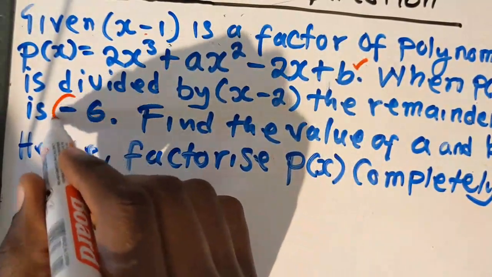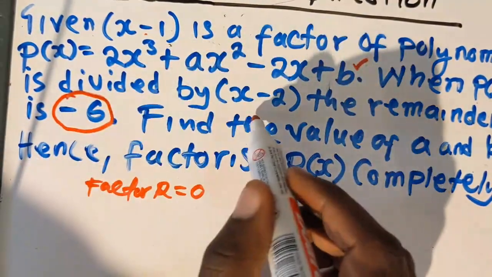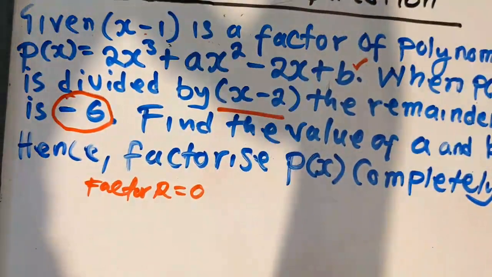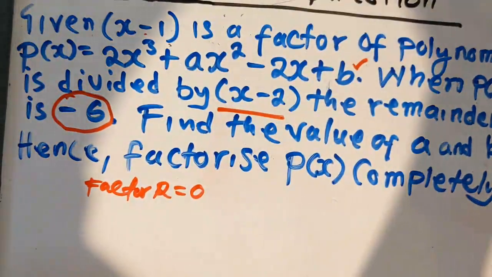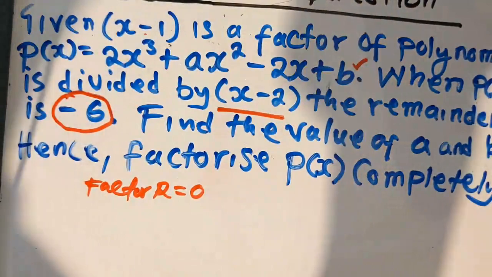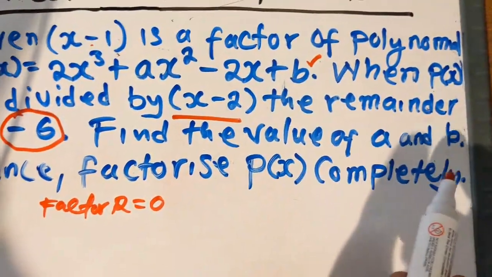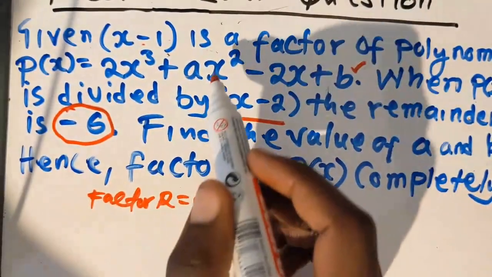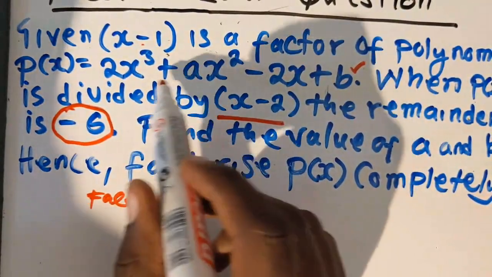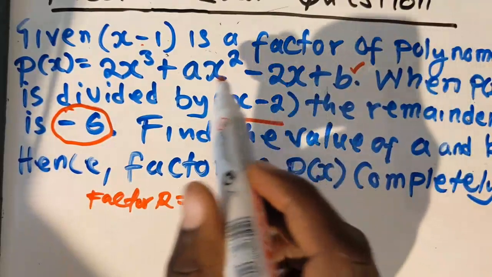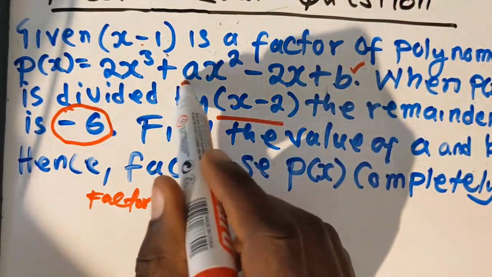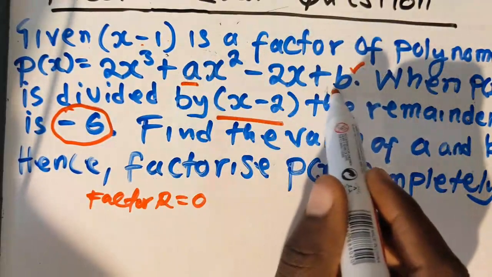So this is the remainder when it is divided by that. Now they're asking you to find the values of a and b in the polynomial.